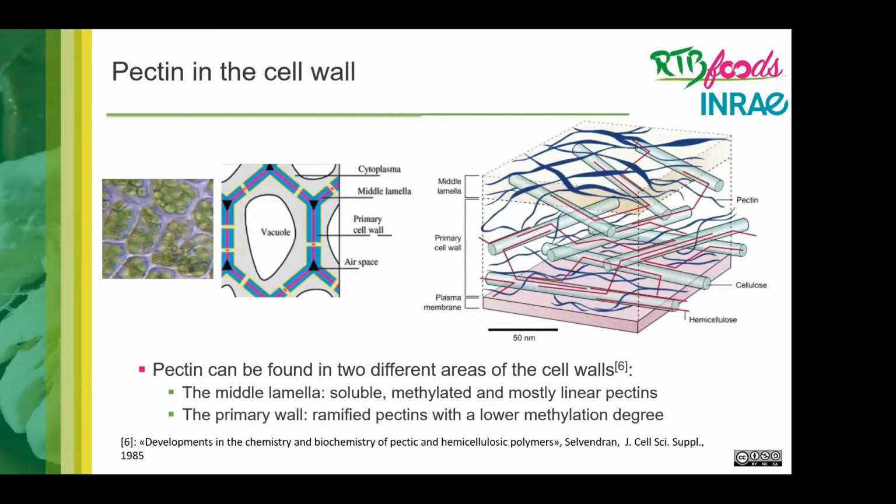They are more soluble than the pectin you will find in the primary cell wall, which are ramified pectins with a lower methylation degree. So it's one polymer, but you can have more ramified pectin in the primary cell wall and more linear and more methylated ones in the middle lamella.